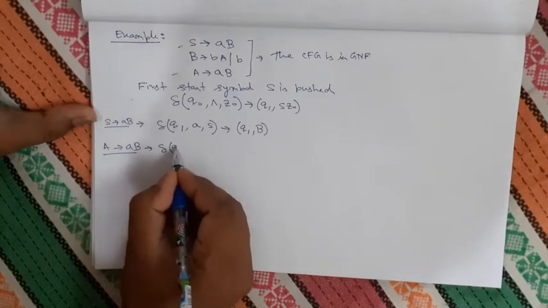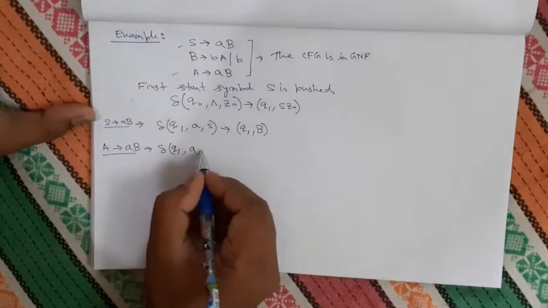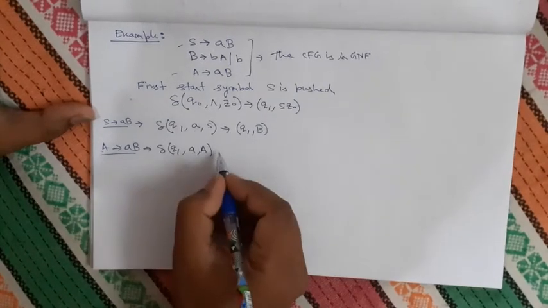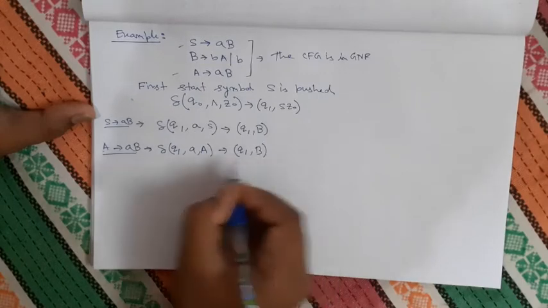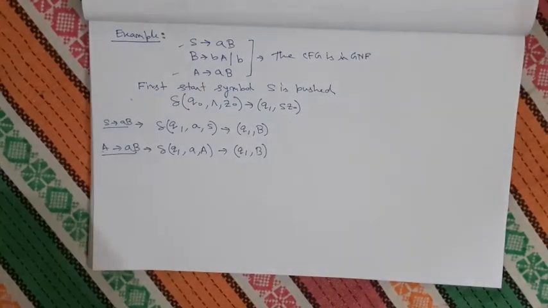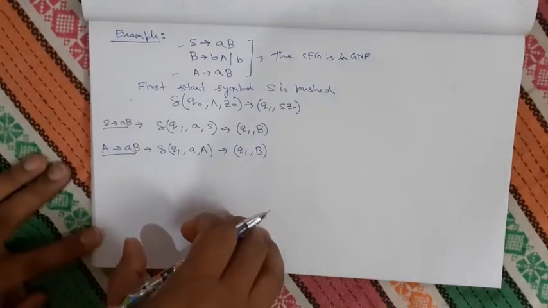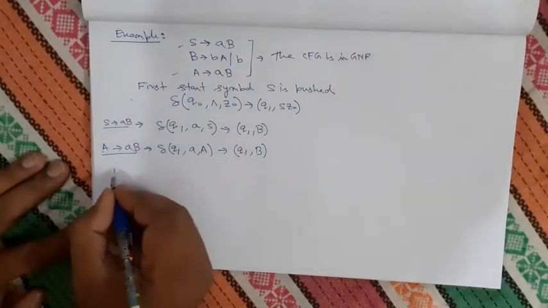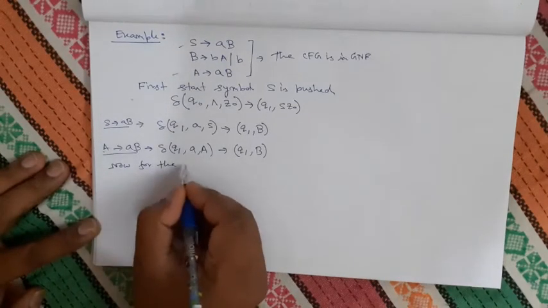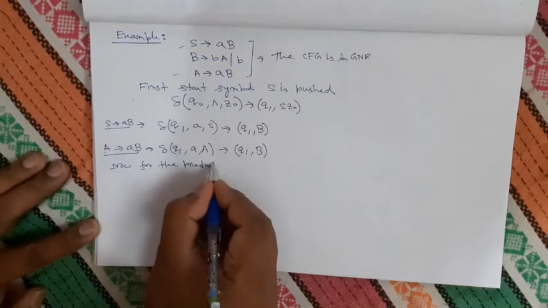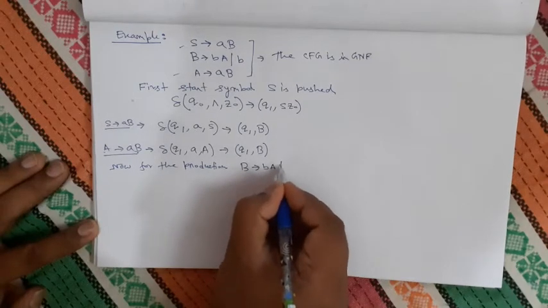Delta of q1 comma a comma A, NT1 is A, tends to q1 comma B, because B is the string of non-terminals, only a single non-terminal symbol, that's only B. Now for the production B tends to BA or small b.